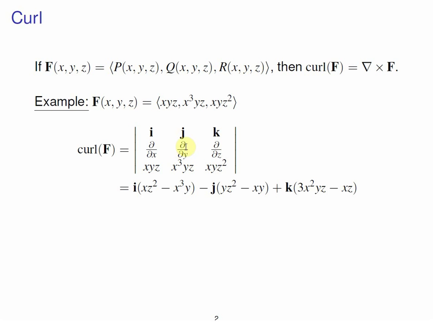Now it's just computing a standard cross product, so i times, and this is not really multiplication, but think of it as the partial derivative with respect to y of x times y times z squared, and that's just xz squared, minus the partial derivative with respect to z of x cubed yz, so just x cubed y.